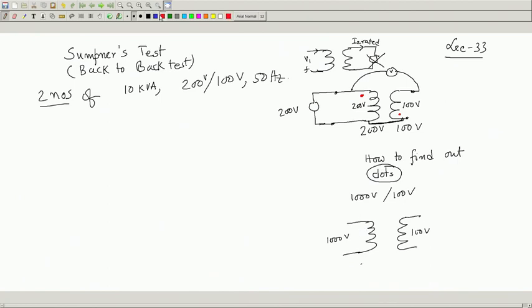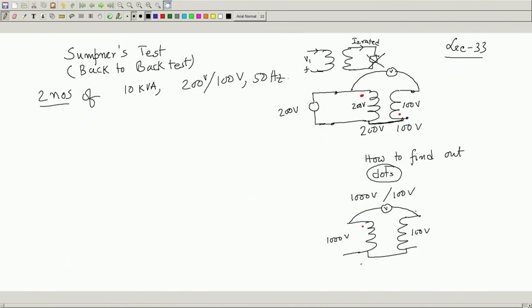So, I will choose here, and as I told, I will connect these two points here and connect a voltmeter there. In this case, the voltmeter reading will be either 1100 or 900, one of them will come.